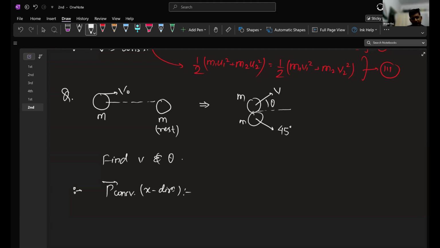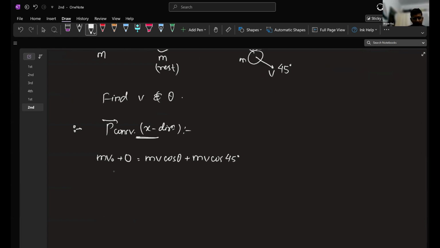Initially m v naught plus 0 is going to be equal to m v cos theta plus m v cos 45 degrees, taking the velocity here to be v only. Now if I solve this, v naught is equal to v cos theta plus v by root 2. This is my first equation.